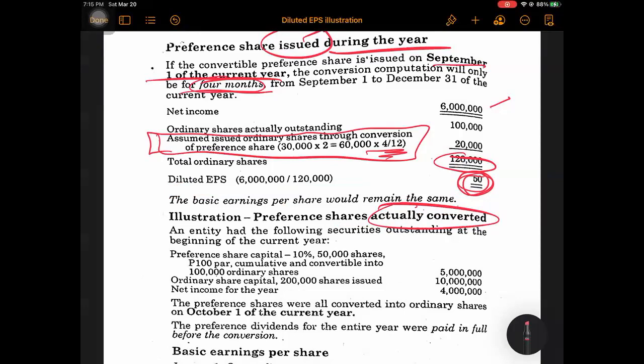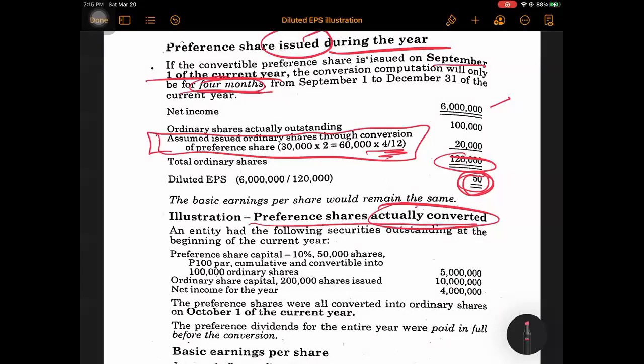If this is the case, there is actual conversion of your convertible preference share. Will the computation of your basic earnings per share be affected? In the previous two cases, there was no effect, it remained the same. The answer is yes. There is an adjustment because there is actual conversion. So there is an actual addition to your outstanding ordinary shares.